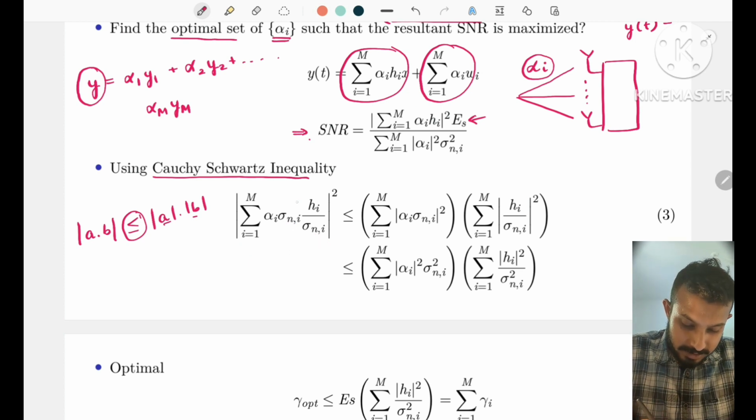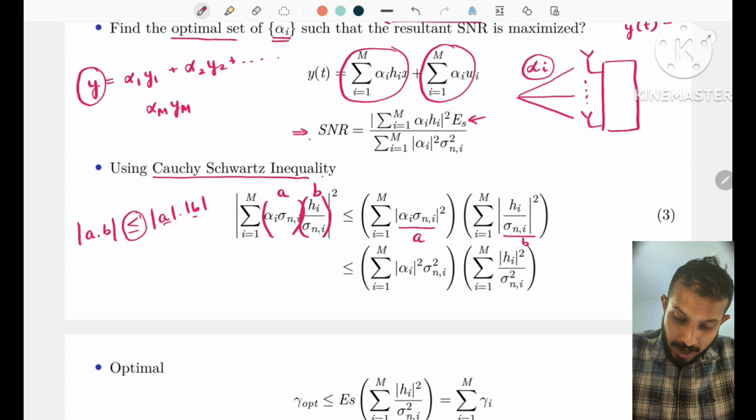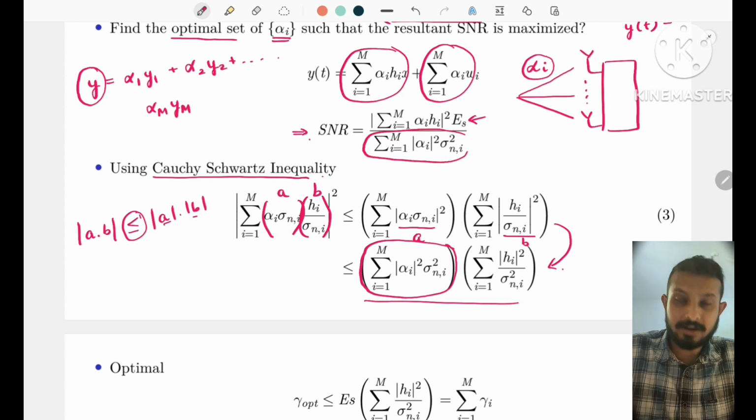So consider this term as A and this term as B. So using this inequality, we can write it in the form less than or equal to this A, and here we have B. Now again, if you look at this expression here, what you can see is that this term is equal to the denominator of the SNR.